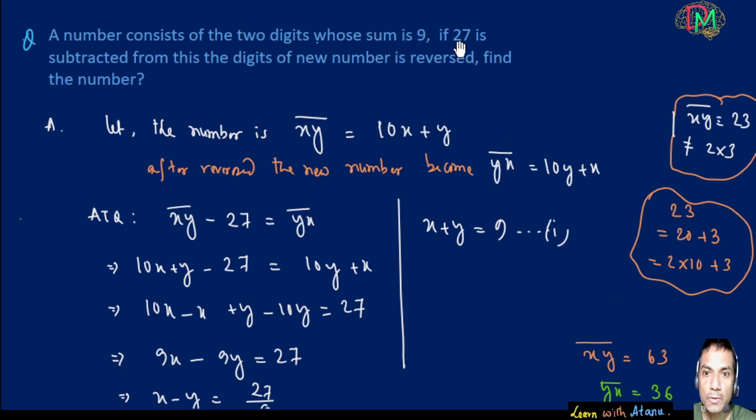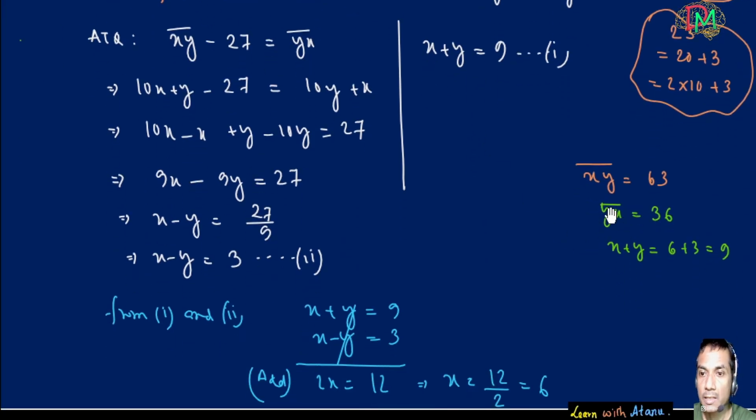Now if we subtract 27 from this first number, the digits of the new number are reversed. So here it is the reverse part.